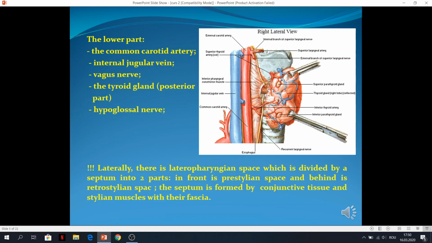So this space is divided by these muscles in two regions, one anterior and one posterior. We can say pre- and retrostylian. Why is it important? Remember, we have a lot of big blood vessels here and nerves.